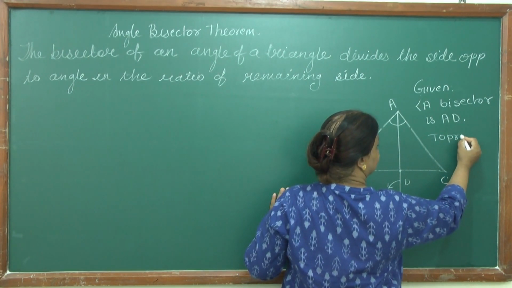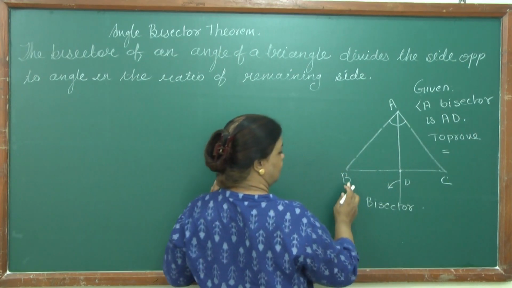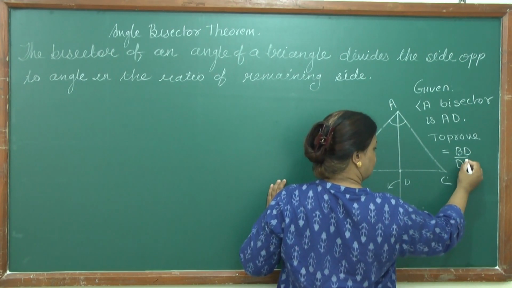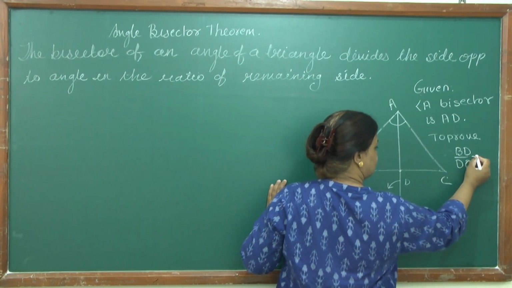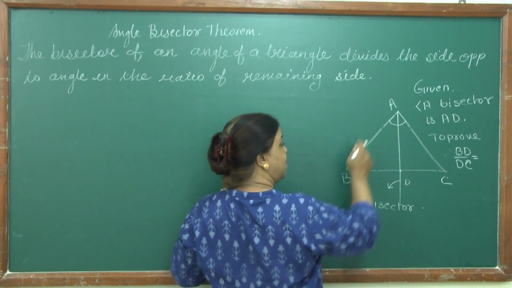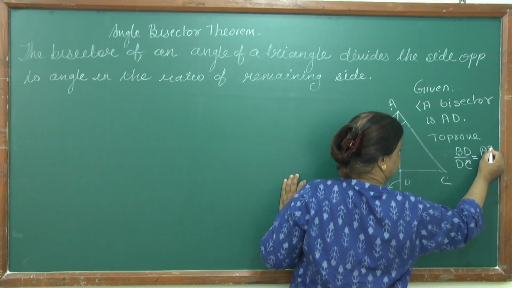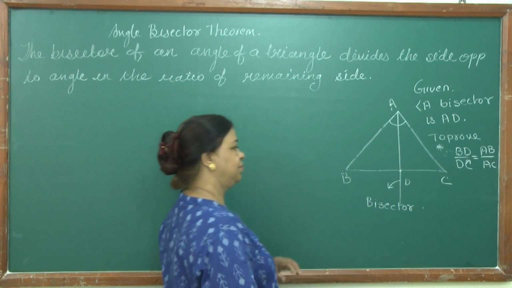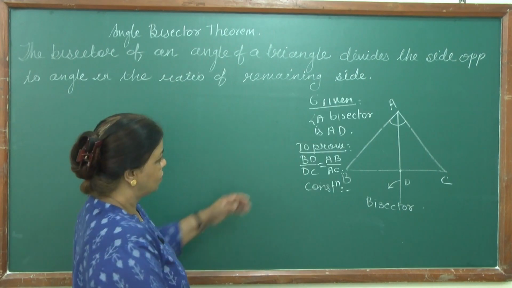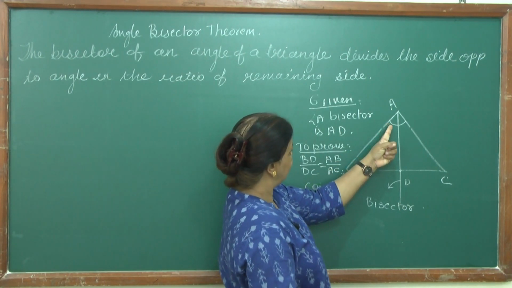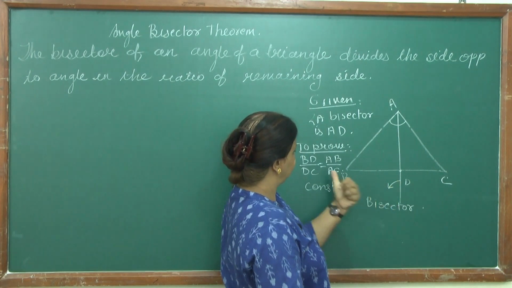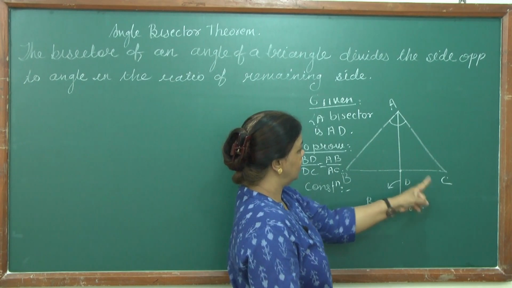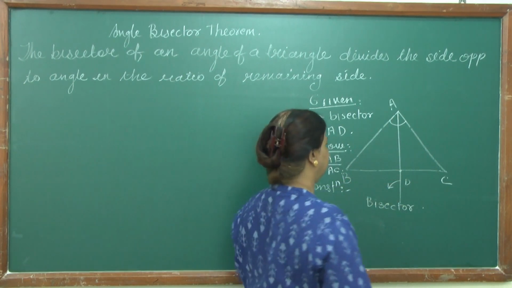To prove is BD upon DC is equal to AB upon AC. This is what we want to prove, children. So let's start. So given is angle A, bisector AD, I wrote this side children, and to prove is BD upon DC is equal to AB upon AC.